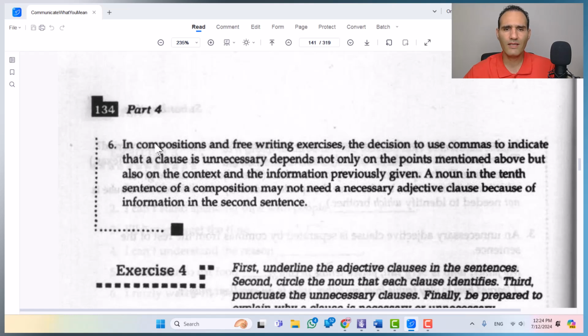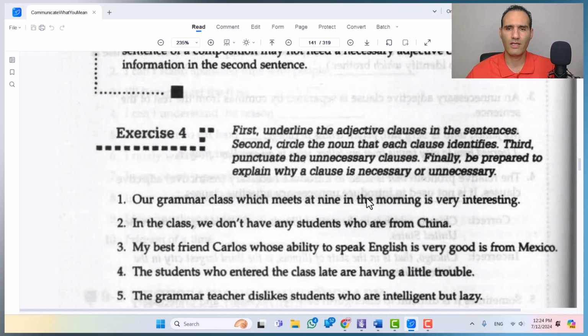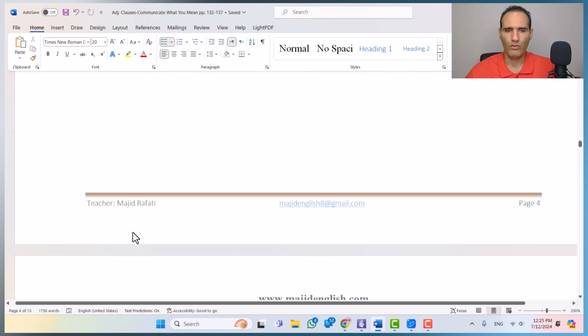And here it says in compositions, in speech, in all the text or context that you have, maybe a noun needs a necessary adjective clause in the beginning, but when it is known in the 10th sentence, that noun needs an unnecessary adjective clause. So it all depends on the context and the scenario, the speaker and the hearer, and the shared knowledge. Got it?